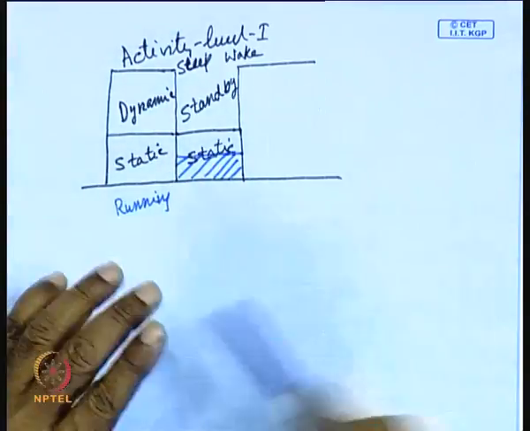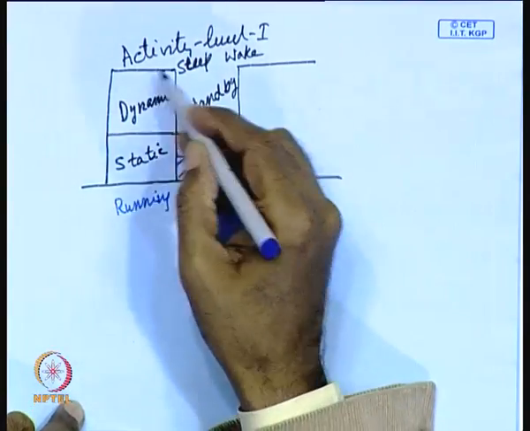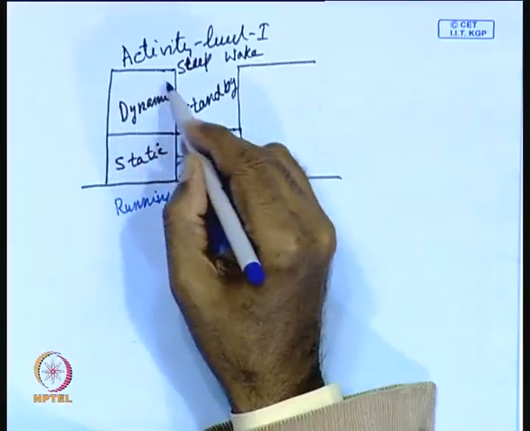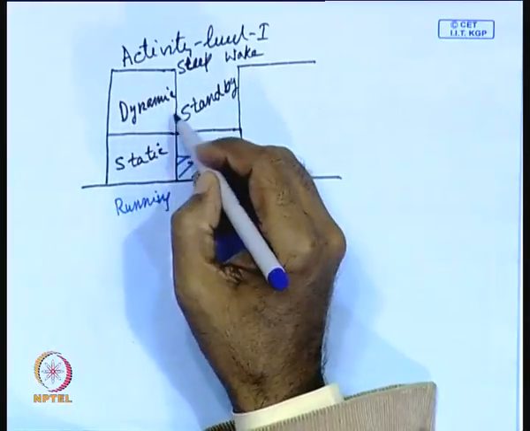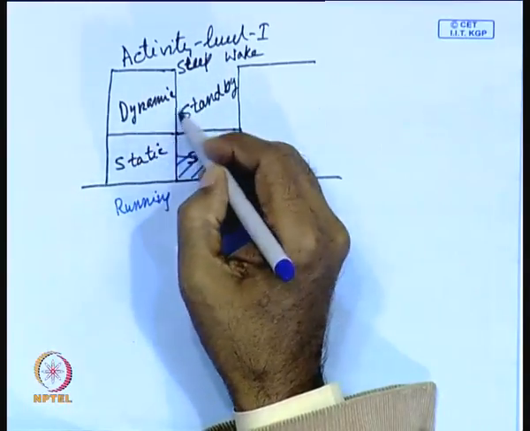In the early technology generations, that means before 180 nanometer technology era, this static power dissipation was insignificant, and that is the reason why during normal mode or during run time the dynamic power dissipation was minimized, and I have already discussed various techniques.